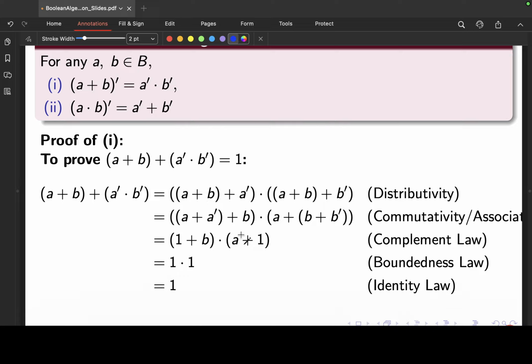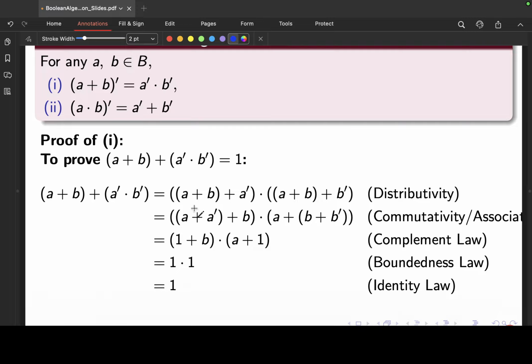Now by commutativity and associativity, we get A + A' + B, because A + B = B + A, and by associativity B + (A + A'), and again applying commutativity, (A + A') + B, and similarly from this part we get A + B + B'.